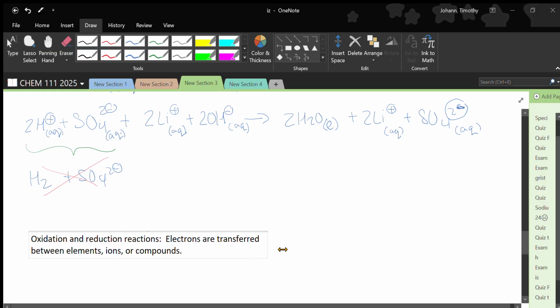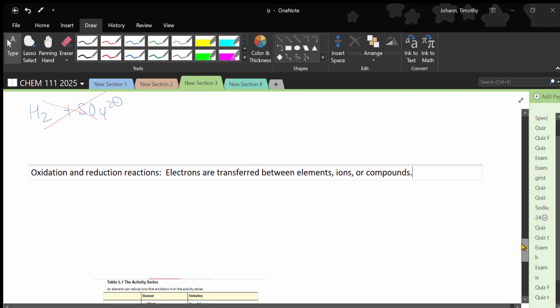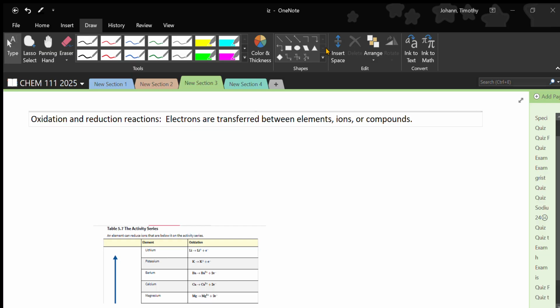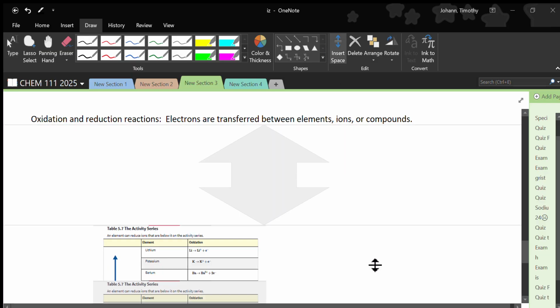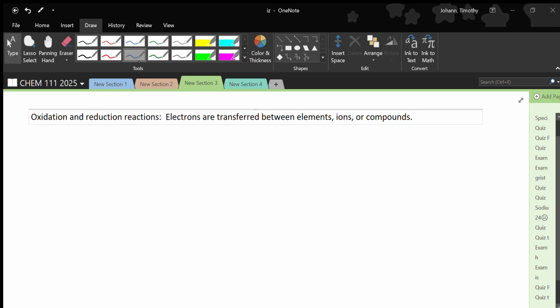Okay, and we're going to start off looking at metals. All right, so we're going to talk about solid metals. We've had problems that have solid metals in them before. One example of this, a common example people talk about, is zinc.